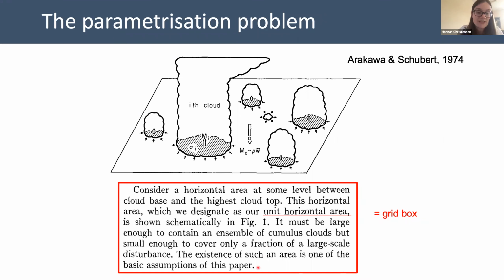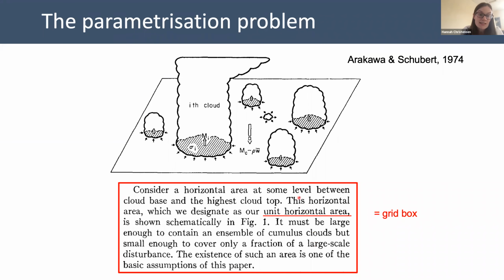So what this paragraph is saying is that Arakawa and Schubert are assuming that there is a scale separation between the process which they wish to parameterize, the convective clouds, and the large-scale state. We can see that because the convective clouds must be a lot smaller than the grid box, but simultaneously the grid box must be a lot smaller than anything that's going on in the large scales.